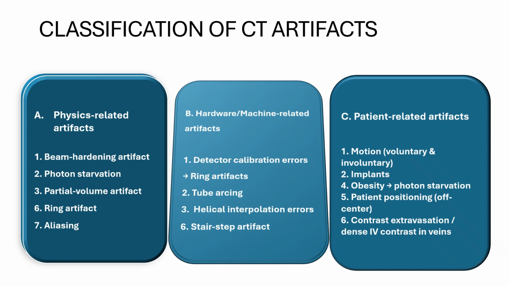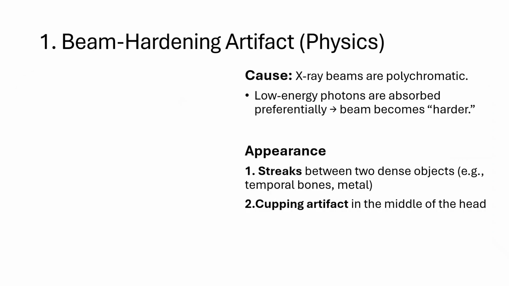Whereas the hardware and machine related artifacts are the detector calibration errors, that is the ring artifacts, tube arcing, helical interpolation errors, and stair step artifact. Whereas the patient related artifacts are the motion, that is voluntary and involuntary, implants, that is metallic implants, obesity that leads to the photon starvation, patient positioning, contrast extravasation.